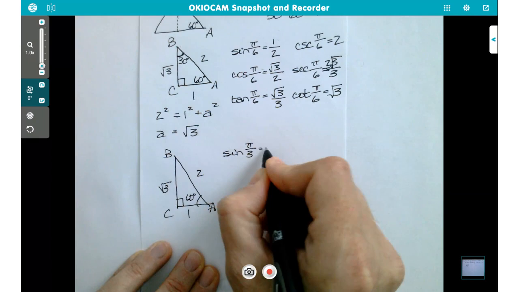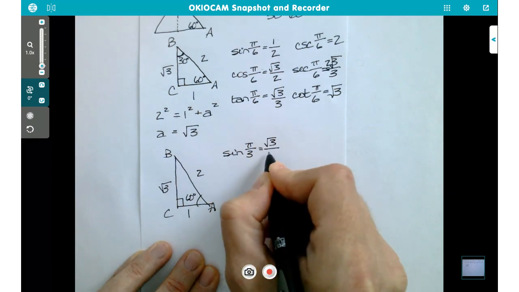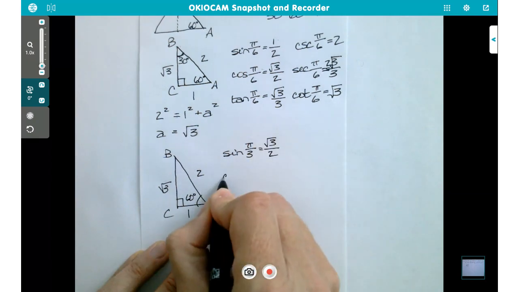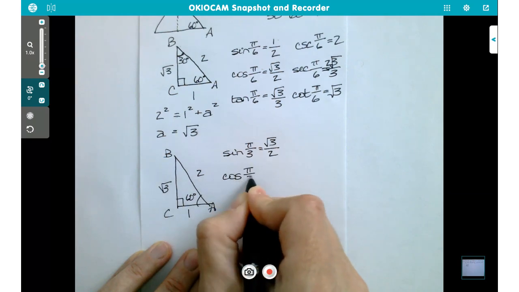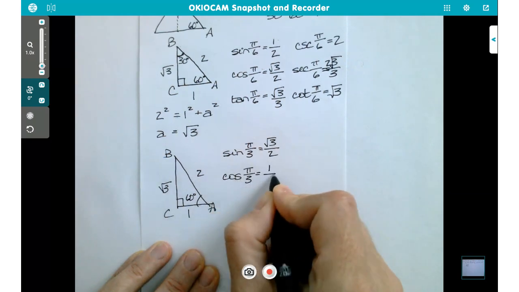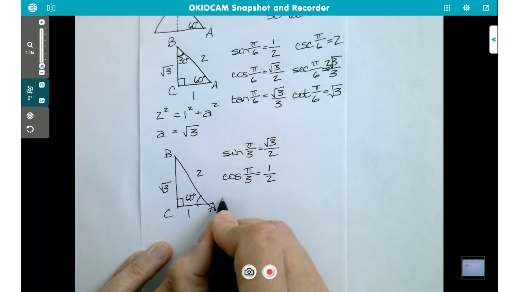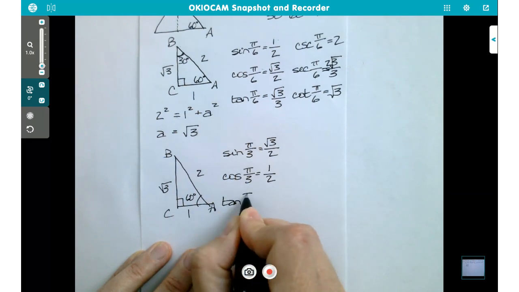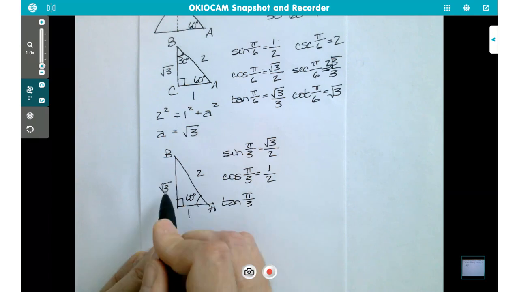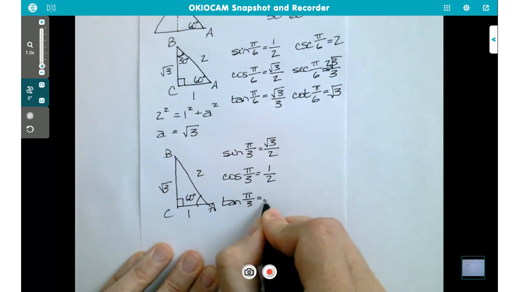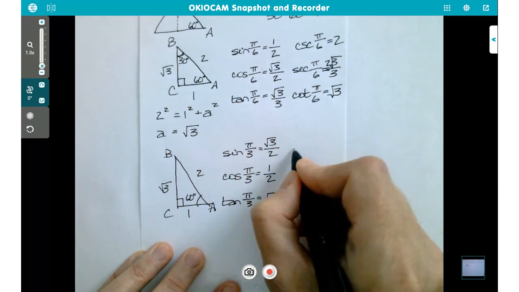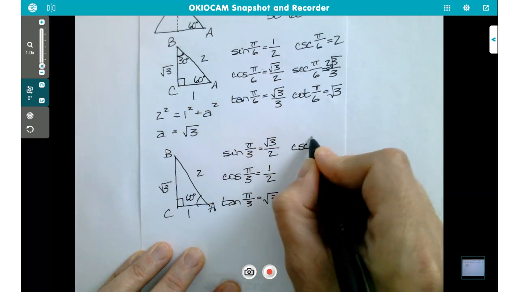is opposite over hypotenuse, cosine, adjacent over hypotenuse, tangent is opposite over adjacent, root 3 over 1, and the reciprocals.